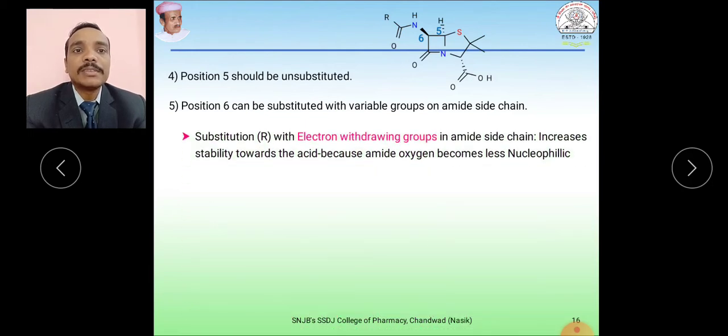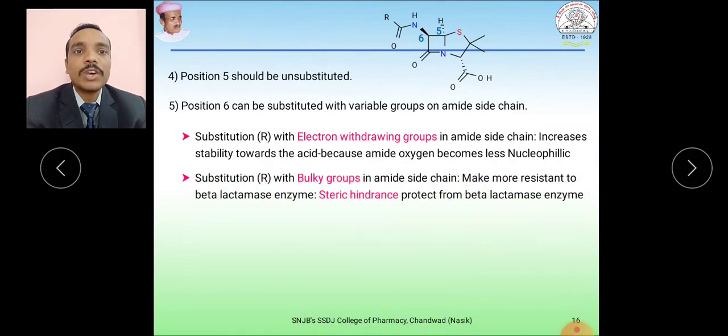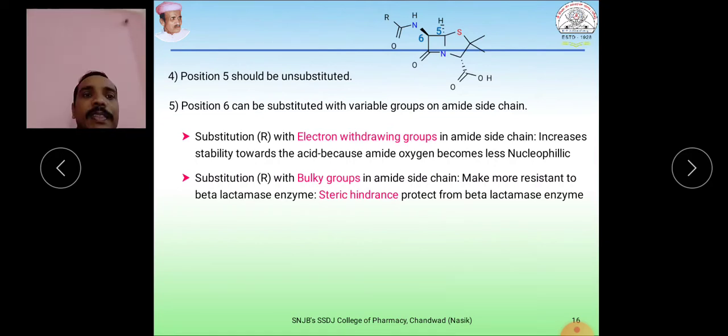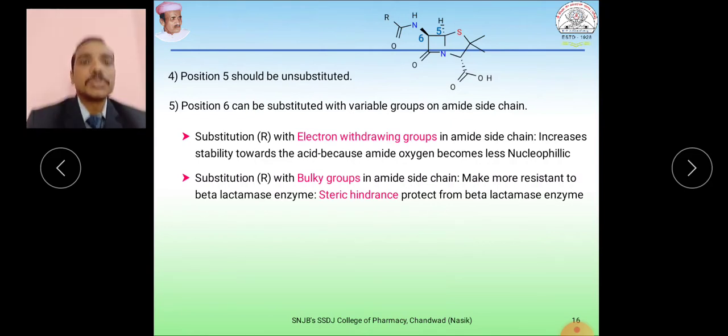Firstly we can say about the electron withdrawing group. We can substitute EWG, electron withdrawing group, that increases the stability toward the acid because the amide oxygen becomes less nucleophilic. Again, what can we substitute here? We can substitute the bulky group here in amide side chain that makes it more resistant to the beta lactamase enzyme.